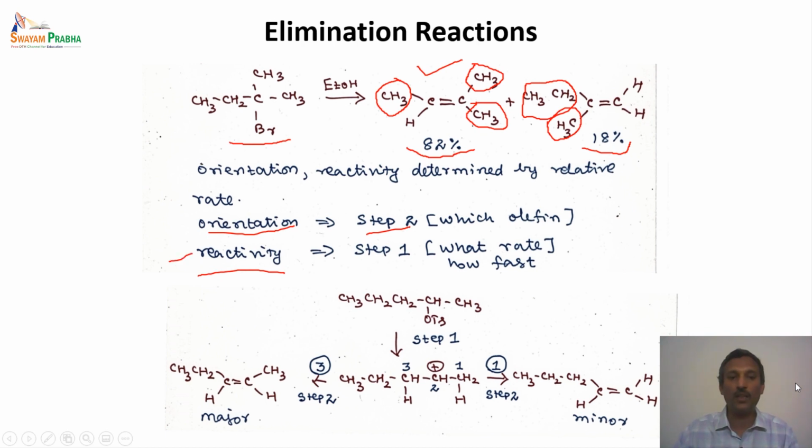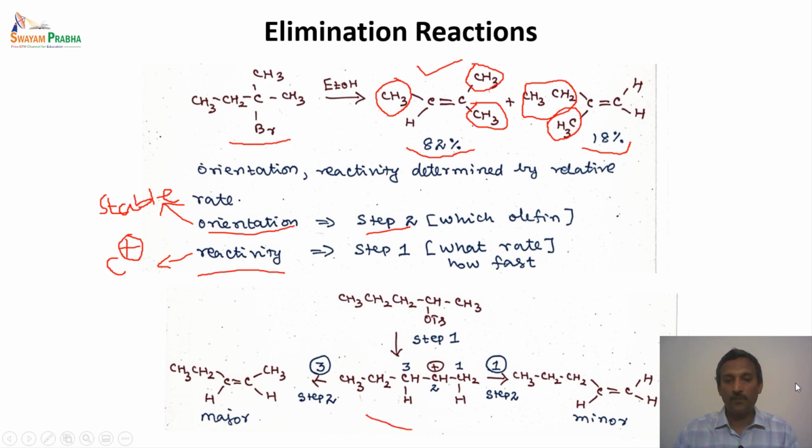The reactivity leads to carbocation formation, and in the orientation we end up with a stable product. These are the two things we have to remember when we talk about the E1 mechanism.